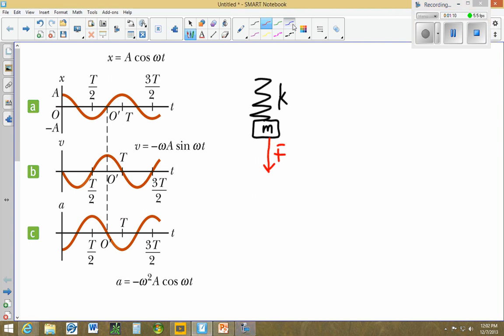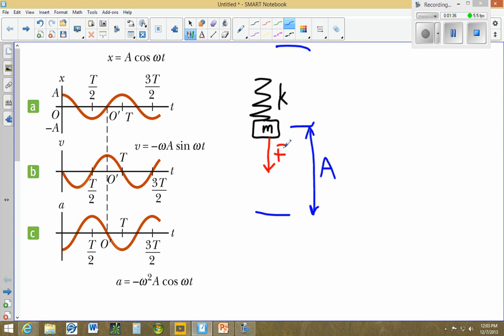Let's say I pull it down to right here. It's going to oscillate up and down about the same height from the equilibrium, and we call that distance from here to here the amplitude. A, that's the maximum x distance. It can't go bigger than that.